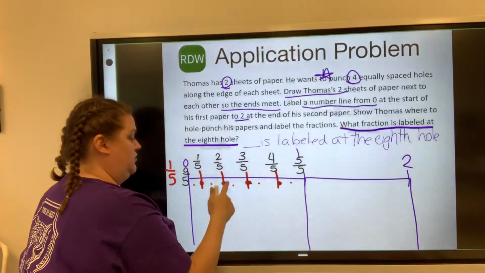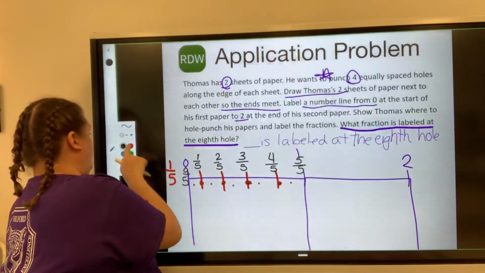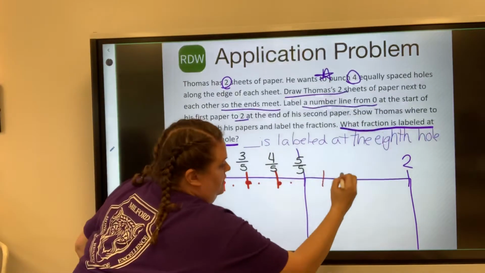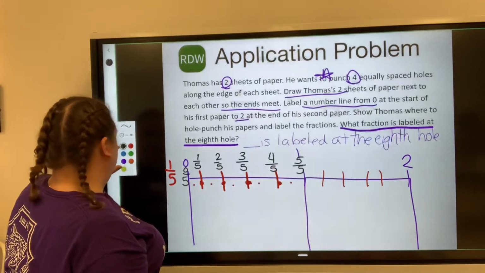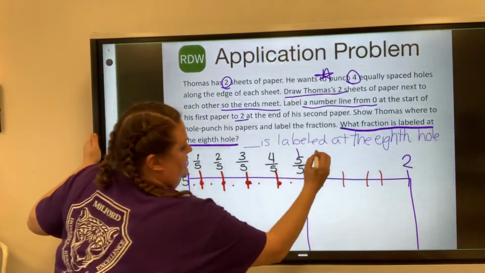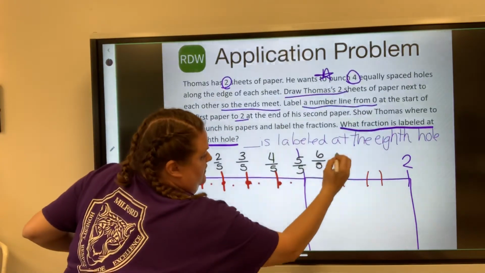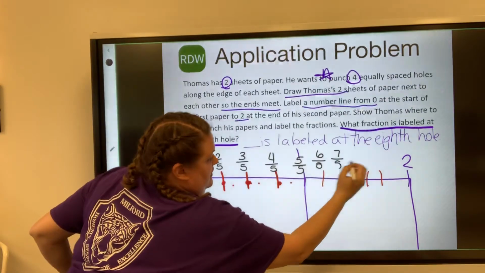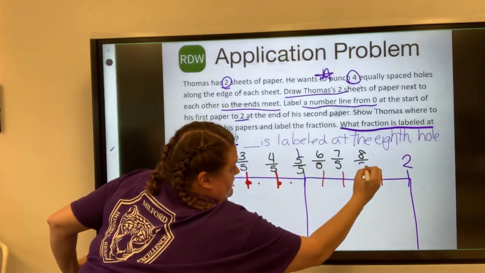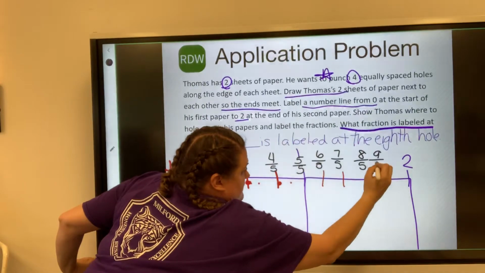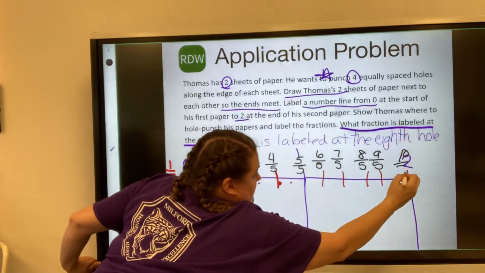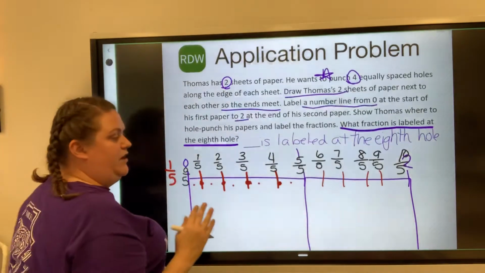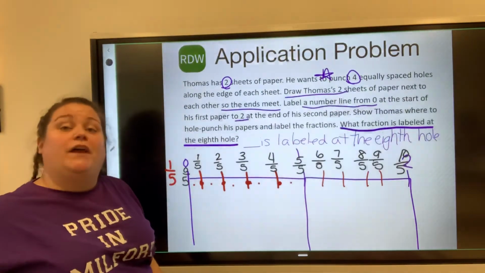So we need to do 1, 2, 3, 4 lines for our next one. And then we're going to label those up. So this would be 6 fifths, 7 fifths, 8 fifths, 9 fifths, and then over here would be 10 over 5, 10 fifths. So every red line, there is now a hole.